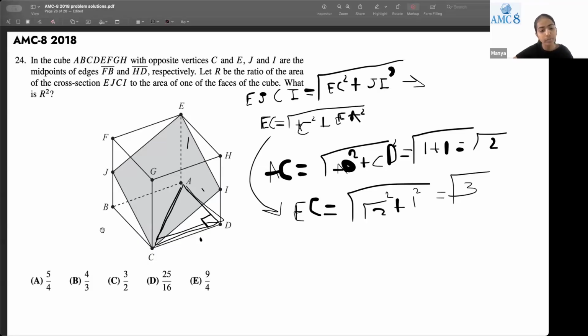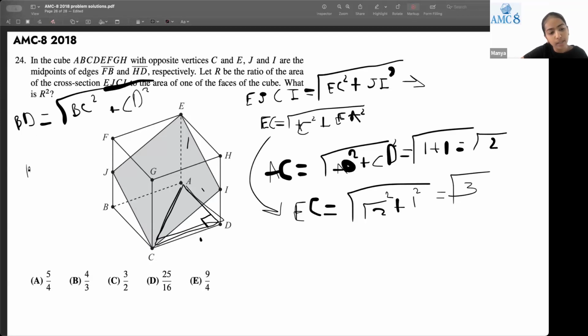BD is equal to the square root of BC squared plus CD squared. So then that means that BD would be equal to the square root of 1 squared plus 1 squared.